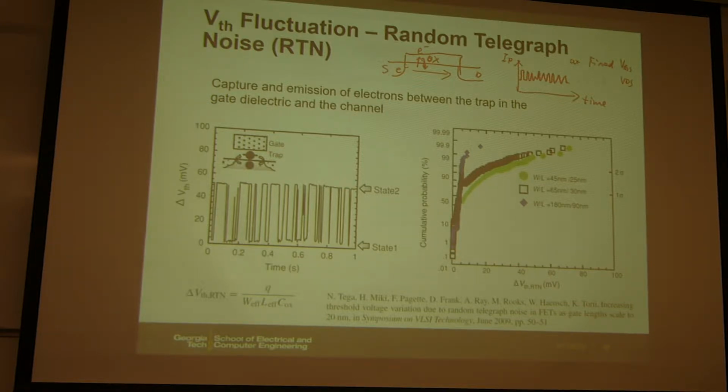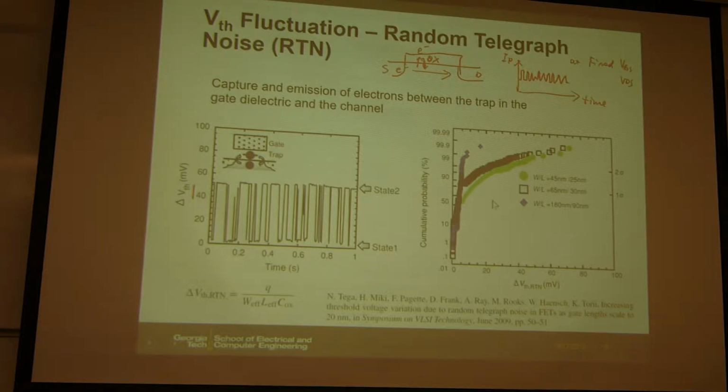So this is measuring the drain current. Of course, you can translate that as a constant drain current, then you measure the voltage of the VDS. If you apply the constant current source, you can measure the difference of the voltage, and then you can translate that as sigma of the VTH. So this is some measurement data showing this kind of behavior. And then this is statistics.